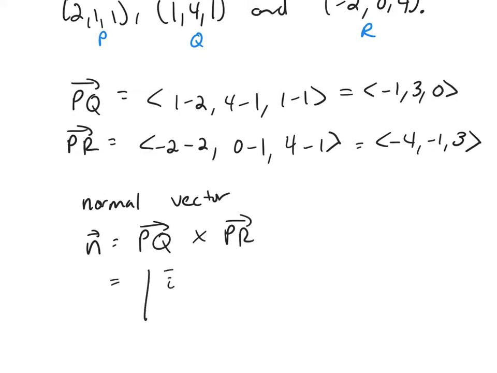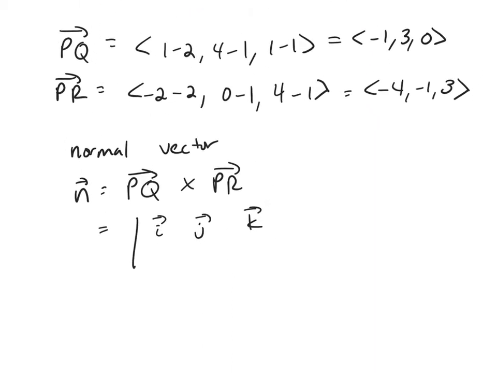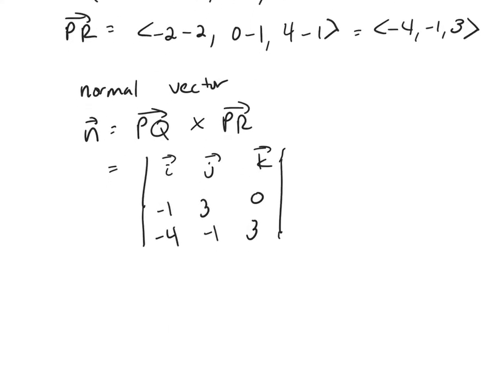So i, j, and k, and then I'm going to copy in my vectors. The first vector, (-1, 3, 0), and (-4, -1, 3). We've computed cross products a few times now, so I'm just going to tell you what you get. The vector n, you should be getting 9i plus 3j plus 13k.